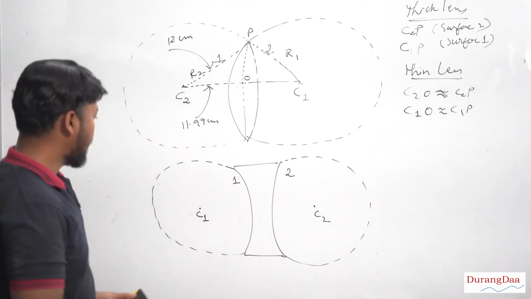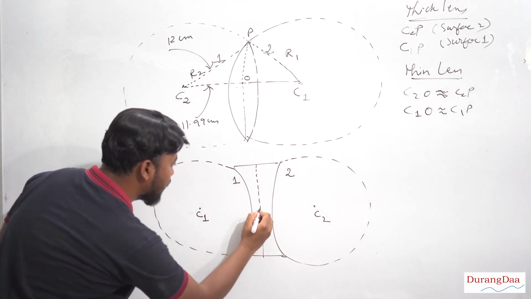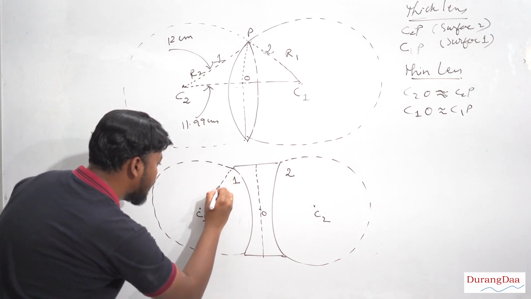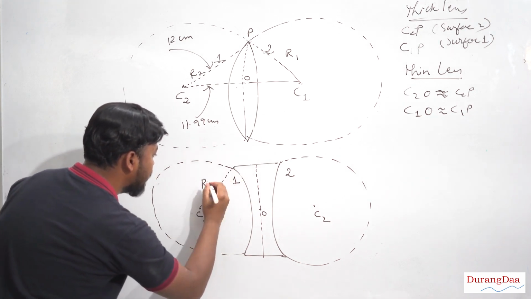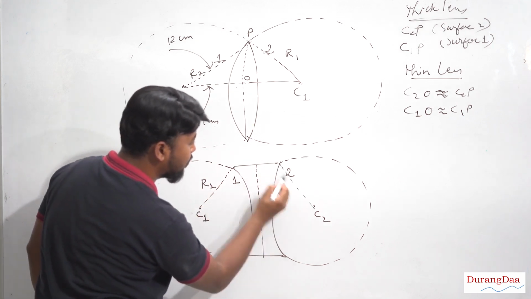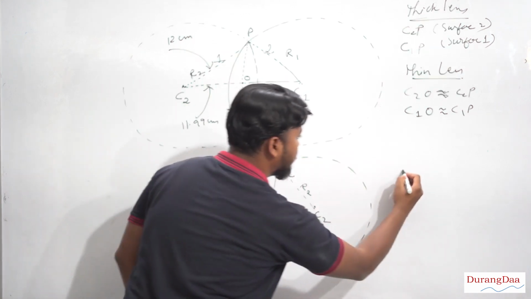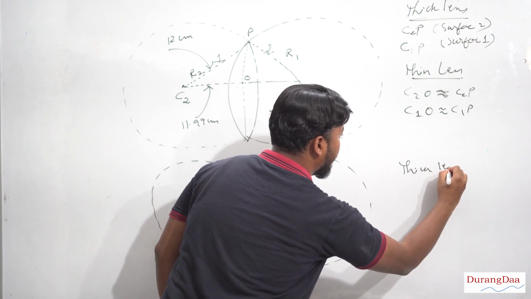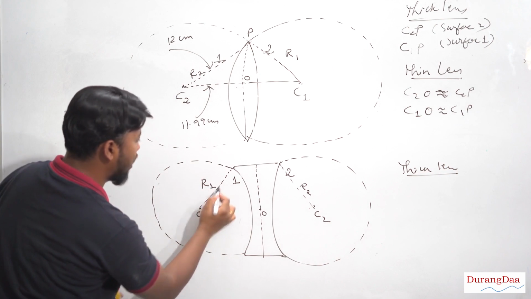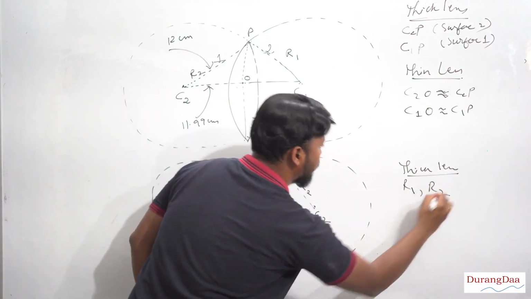All right. Here also, if I just draw the axis of symmetry, the line of symmetry, and mark the midpoint O. From here till here is the radius of curvature for a thick lens, that is C1. From here till here, from the circumference to the center, that is the radius of curvature for a thick lens. So in this case, for a thick lens, the radius of curvature would be C1, or I'll just write it R1, and for this case R2.